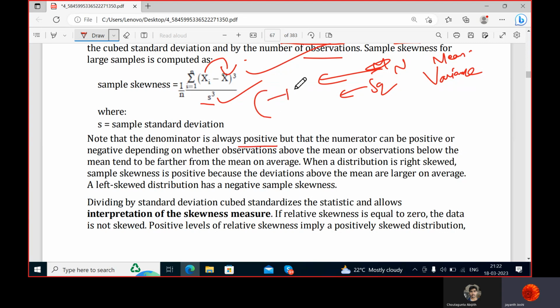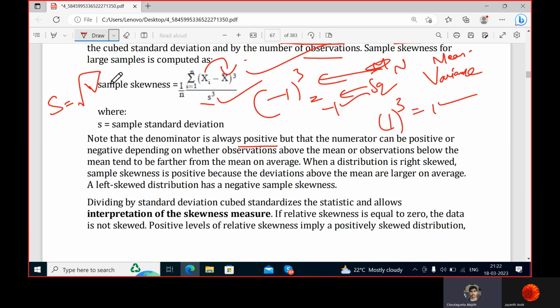If I take -1 whole cube, it is -1. If I take 1 cubed, it is 1. So the numerator can be either negative or positive, correct? But for the denominator, standard deviation, you always get the root of variance, and negative roots won't exist. So there is no chance of getting a negative in the denominator. That's it, simple.